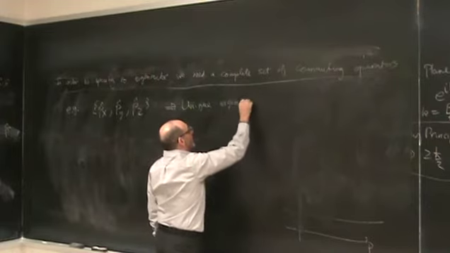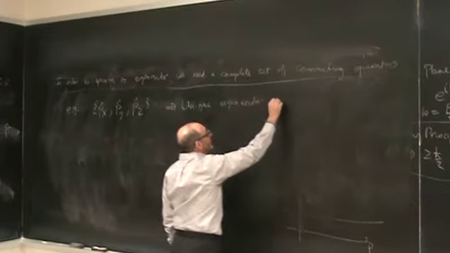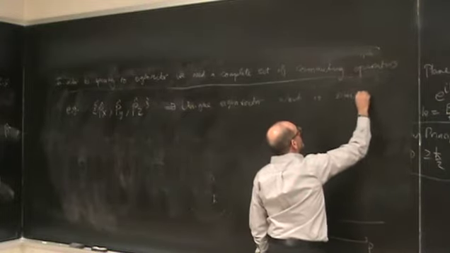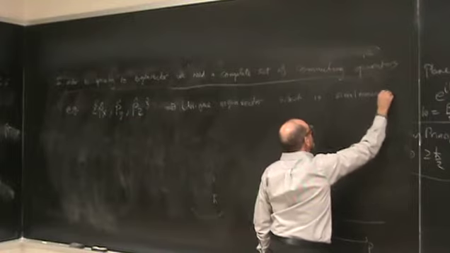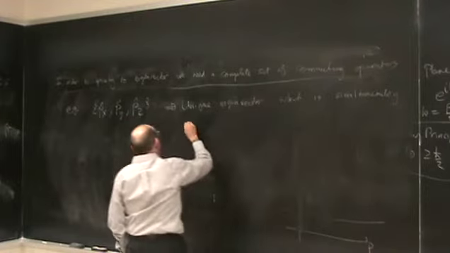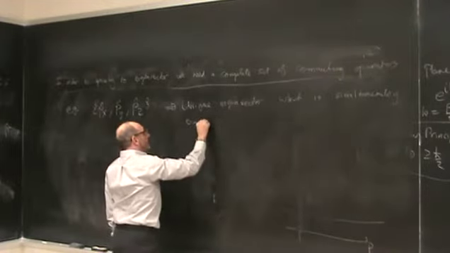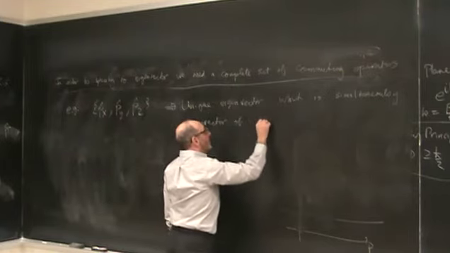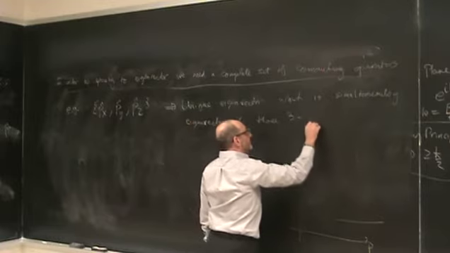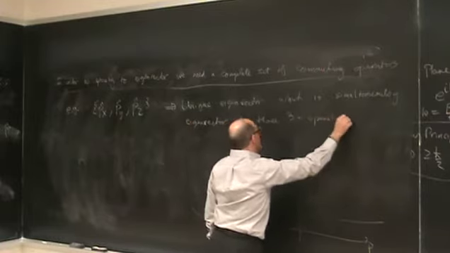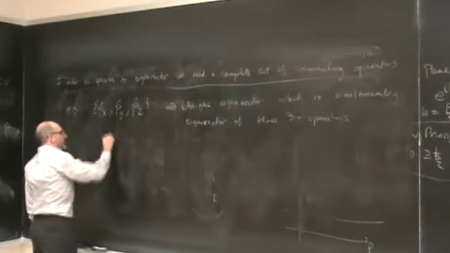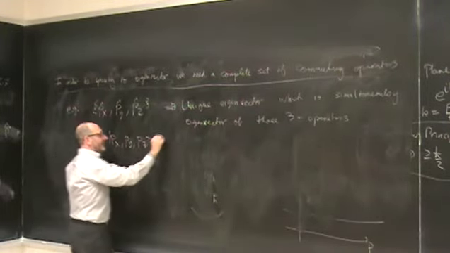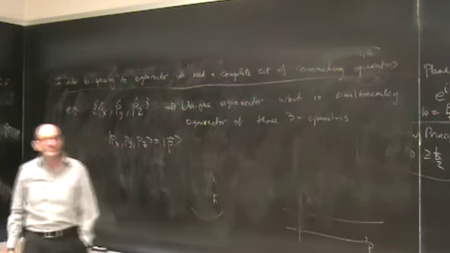So the unique eigenvector, which is simultaneously an eigenvector of those three operators, well, that state is the state which has these three eigenvalues, which we lump together in a vector.